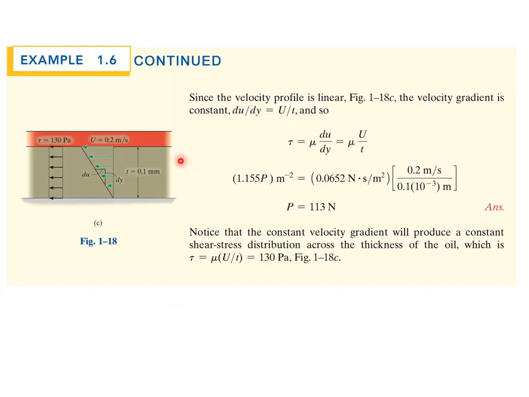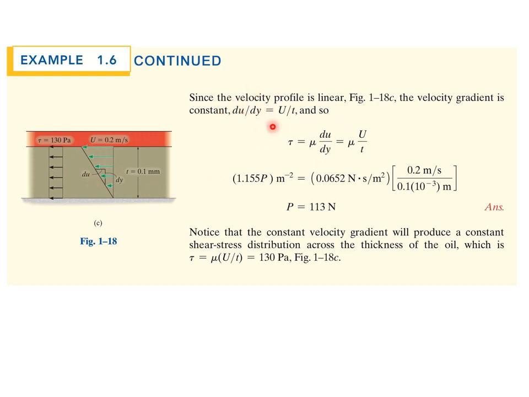Now, how do we go further? Well, using Newton's law of viscosity, we're told that the velocity profile is linear. So here, du/dy. Well, the top velocity he tells us is 0.2 meters per second, and the bottom is 0, and then we divide by the thickness, right?